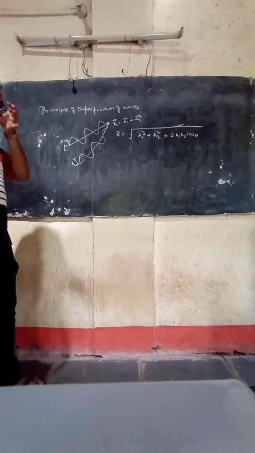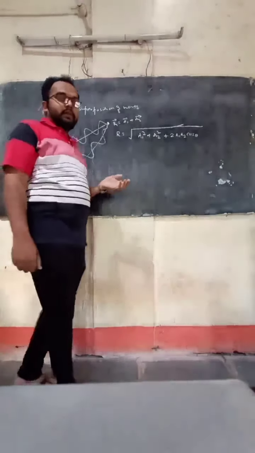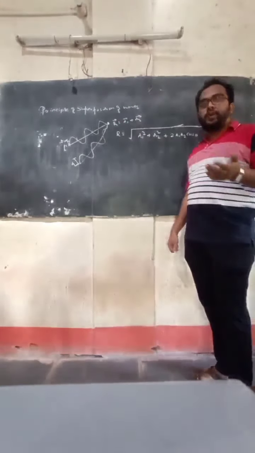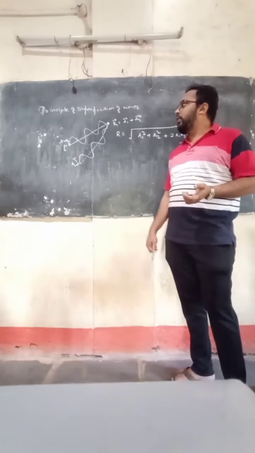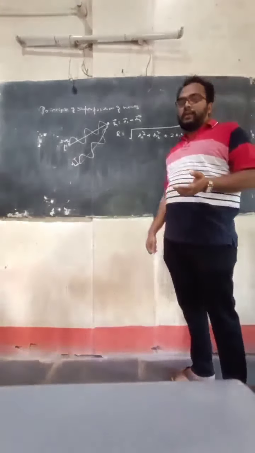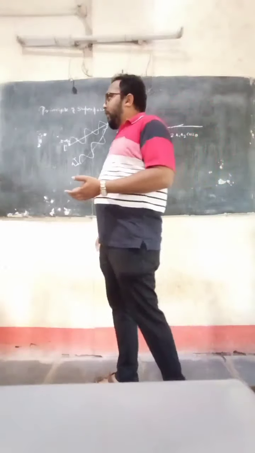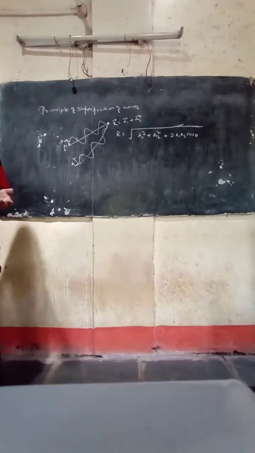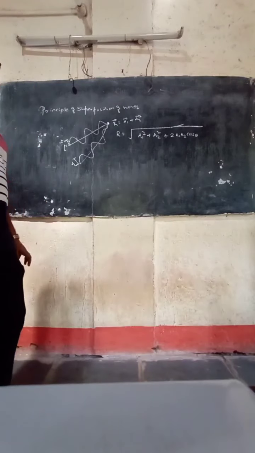Make a note or write the definition. Write this principle: when two waves meet at a point simultaneously, or two waves arrive at a point simultaneously, then the resultant amplitude will be the vector sum of individual amplitudes.